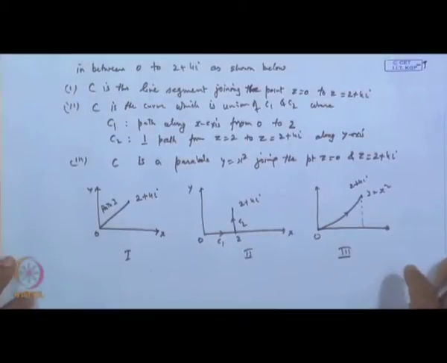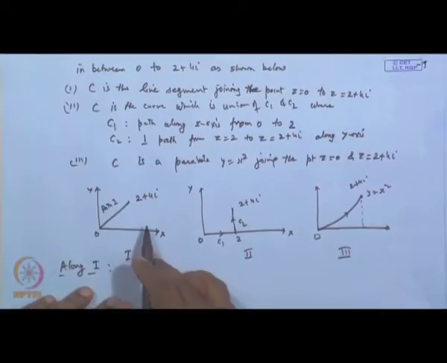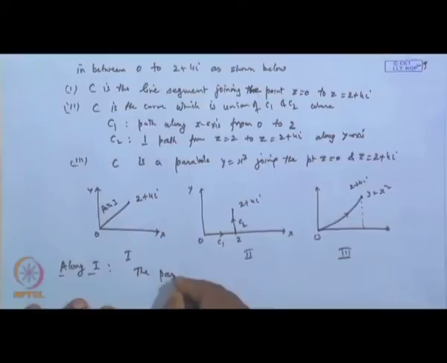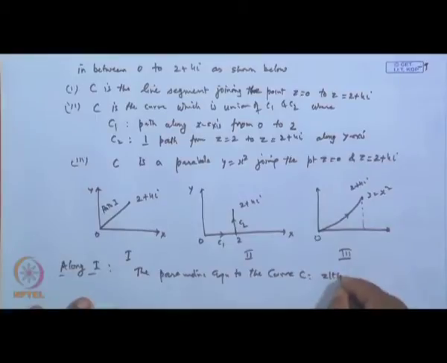Let us evaluate this integral along the various paths. So, first path. Along path 1, the line integral along C is given by this. What is the parametric equation of the curve C? z(t) will be what?